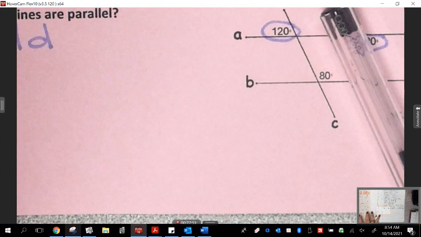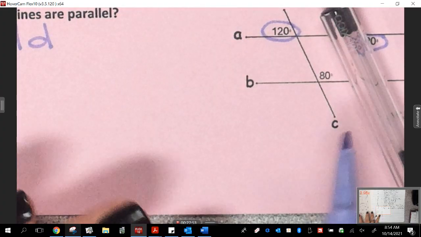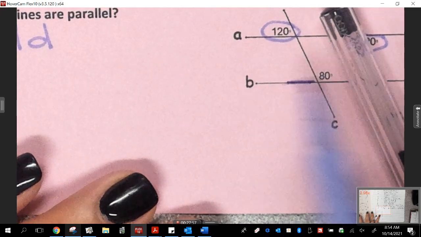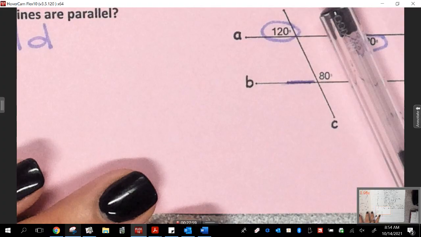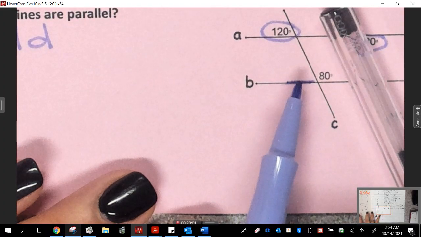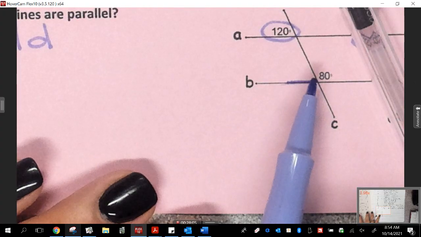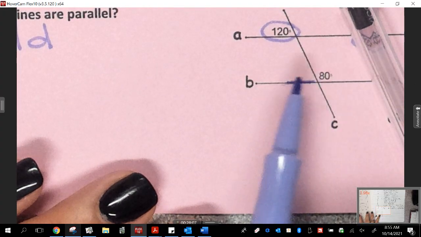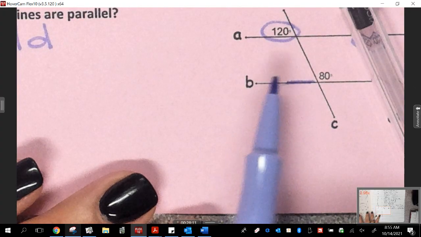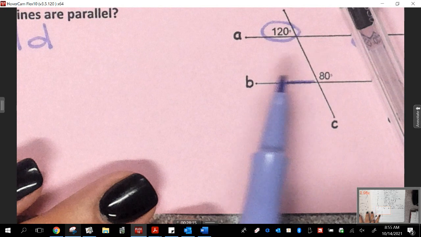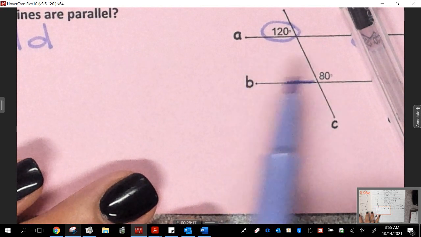Okay? So listen. But if this is 80, can I figure out this one? Look up. How do I figure out that one if that's 80? What are these? No, they're a linear pair. They're LP.